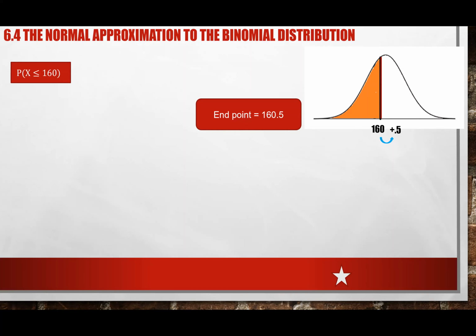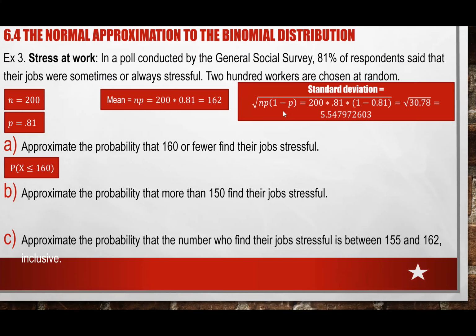So looking at this, my endpoint is 160.5. I start with some small negative number and end up with 160.5. My mean is 162, and my standard deviation is 5.54797263.